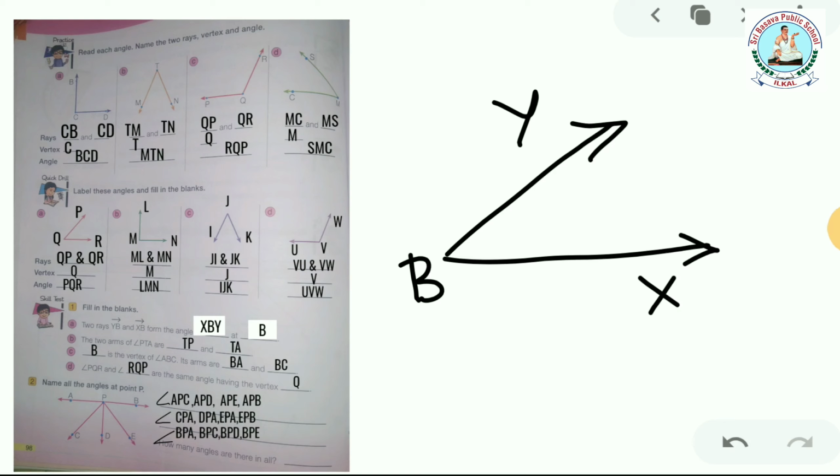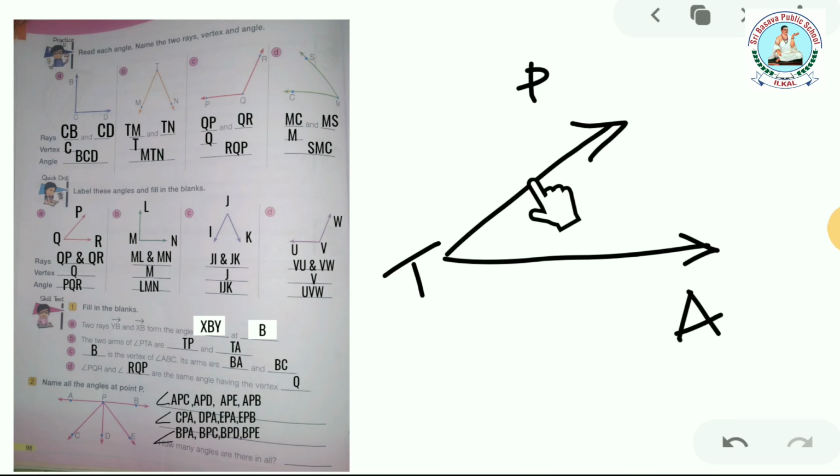The two arms of the angle PTA are, so just imagine that it is PTA. So what are the arms of this angle? TP and TA. These are the two arms of this angle. That's why we have to write TP and TA in the blanks. Next, B is the vertex of the angle ABC.